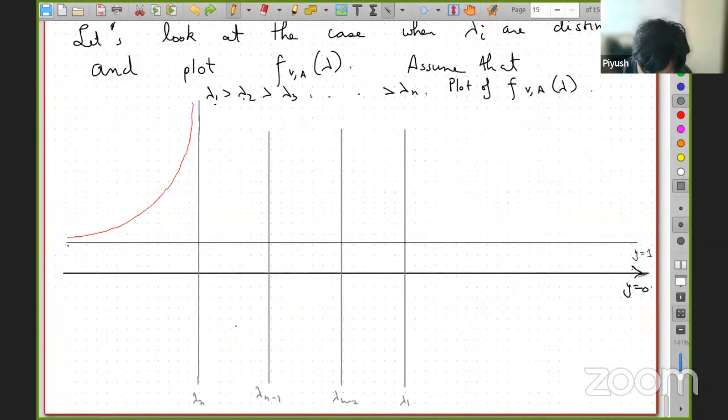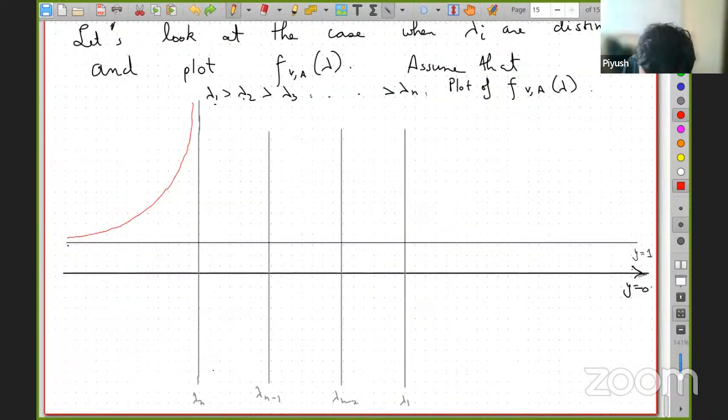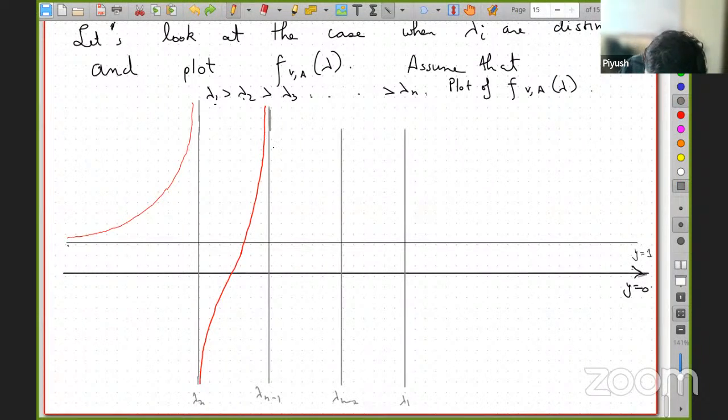The crucial thing to notice is that at every point where it is continuous and differentiable, it is strictly increasing. As I was saying, it'll go to minus infinity or plus infinity depending on which side. So it starts at minus infinity, and then goes like this.